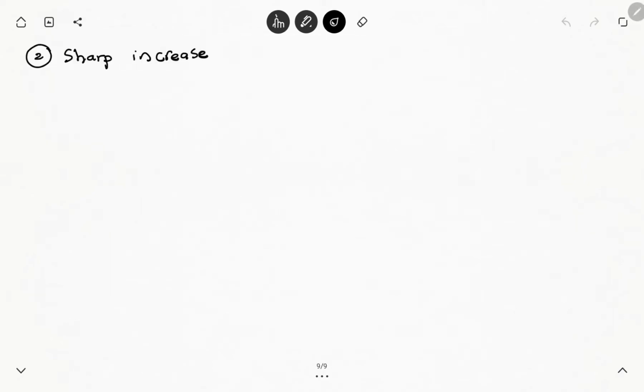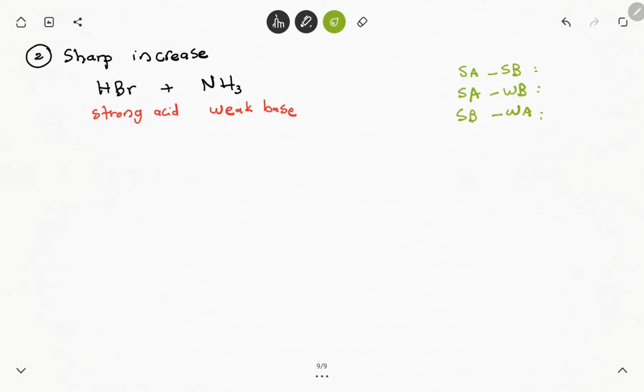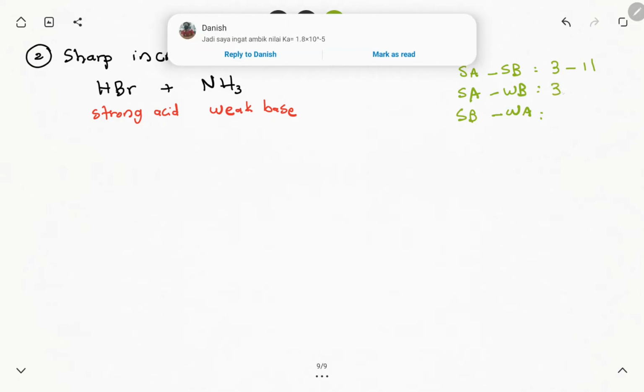The second step is to identify the sharp increase. So we have 3 different sharp increase values that you need to memorize. The first one is the reaction between strong acid and strong base, which is 3 to 11. Reaction between strong acid and weak base is 3 to 7.